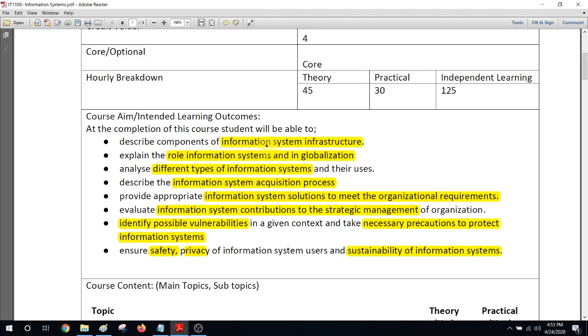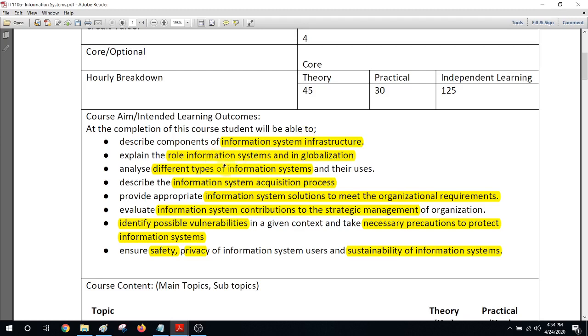Right, so the first objective is to understand what is meant by information system. Then a little bit bigger context: understand what is meant by information system infrastructure. We will be discussing those in the first topic. Then why information systems are important, or the benefits of information systems to organizations.